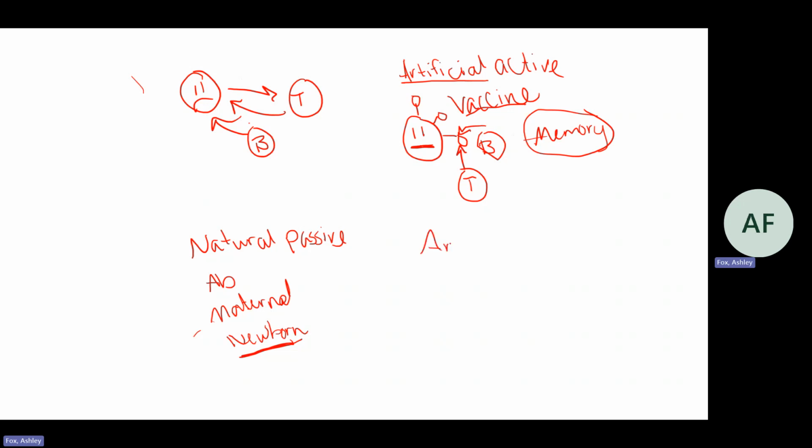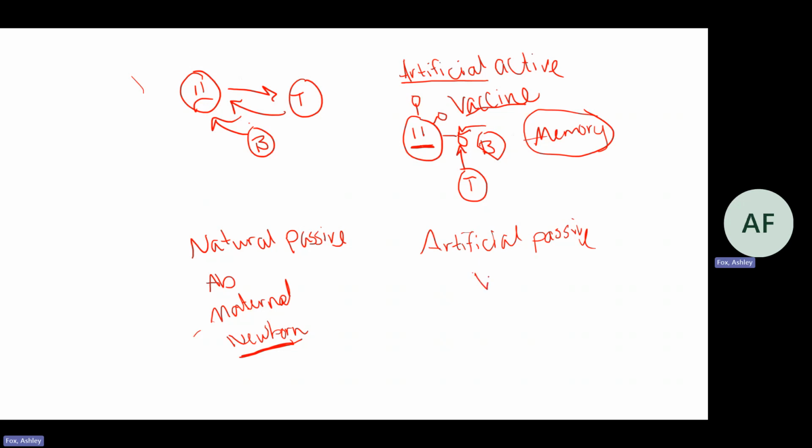And then we also have artificial passive, where we're giving the antibodies to people, usually by injection, that's going to take care of the infection. So again, like I said, when we had COVID, we gave a lot of people significant amounts of antibodies against it. We still have it, but significant amounts of it.